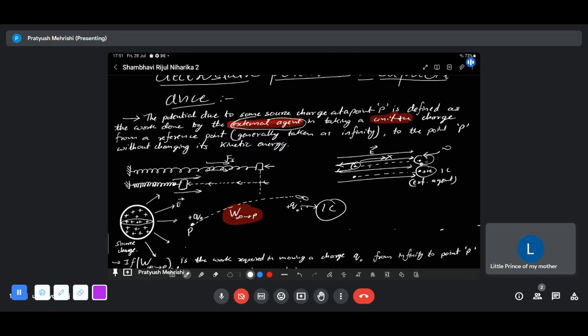So everything we have defined is related to the positive charge, but it doesn't make it wrong. Why? Because negative charge is just opposite to the positive charge. So if we know anything positive, we automatically know anything which is negative. Got it?